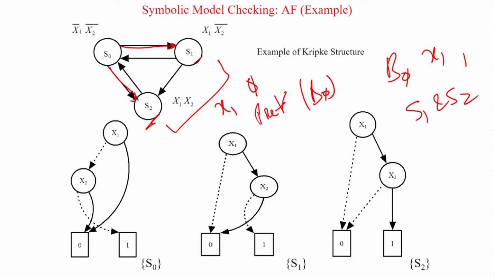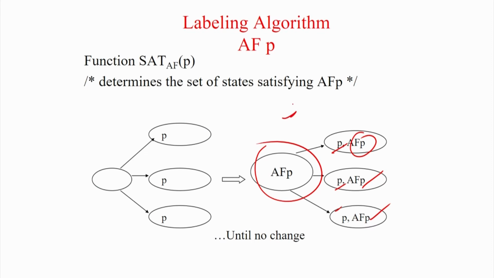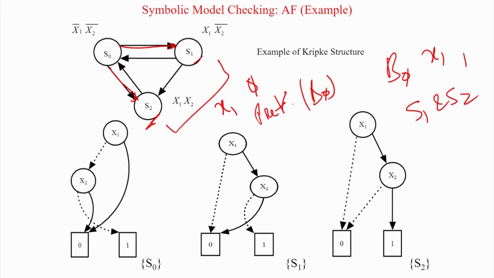But if you see, it is for all in the next state, not in future, basically the next state it is true. So, S0 obviously satisfies because there are two paths from S0, one leading to S1, one leading to S2, and in both of them x1 is equal to true. But if you look at S2, in the next state there is S0 where phi is equal to false.